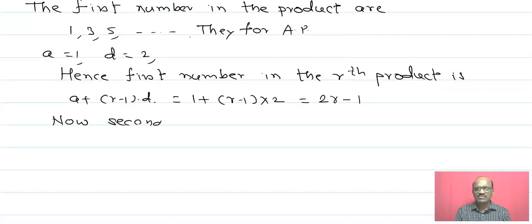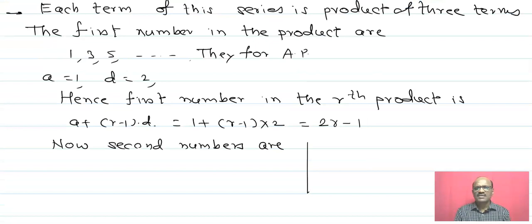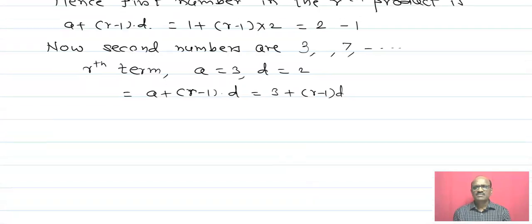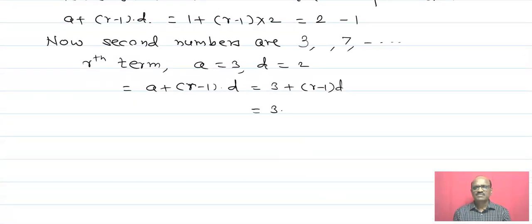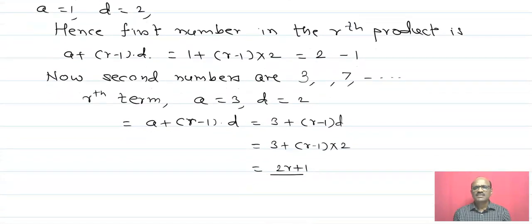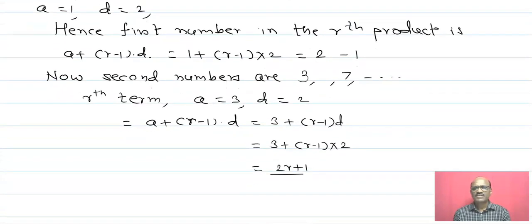Now see the second number. In the second number, the first term is 3, then 5, 7.